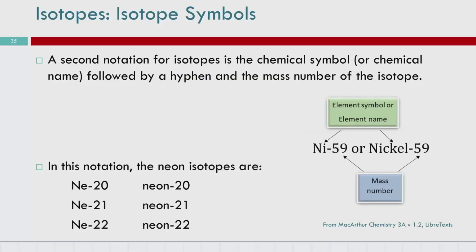Follow it by a hyphen or a dash, whatever you want to do, and then the mass number of the isotope. So like hydrogen, deuterium, hydrogen with 1 proton would be hydrogen-2, or it would be H-2.